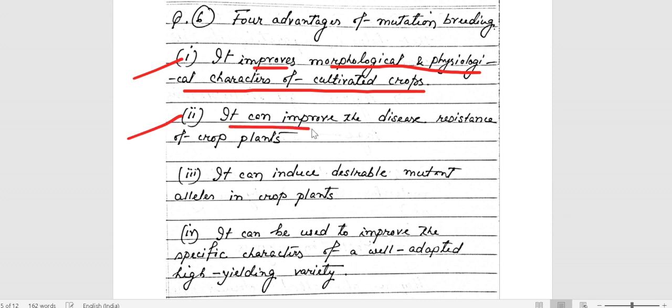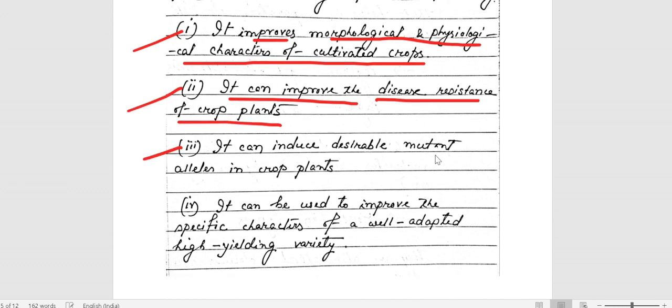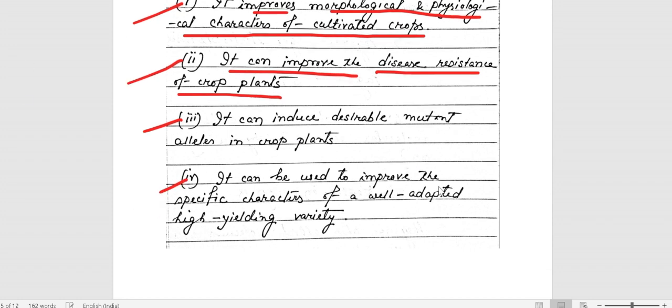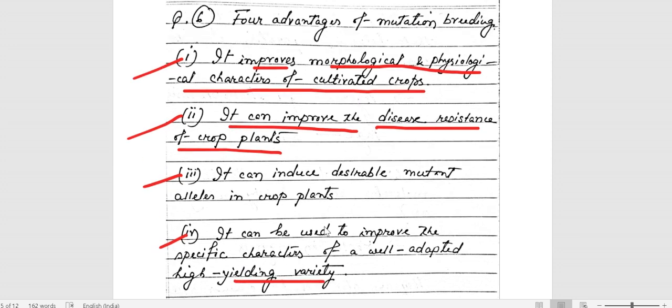Number 2, it can improve the disease resistance of crop plants. Number 3, it can induce desirable mutant alleles in crop plants. And number 4, it can be used to improve the specific characters of a well-adapted high-yielding variety. So these are the 4 advantages of mutation breeding.